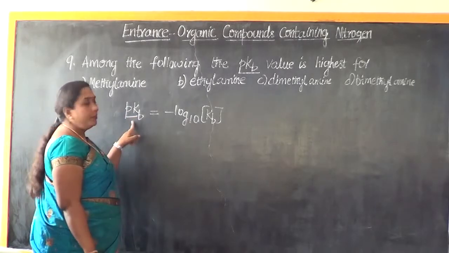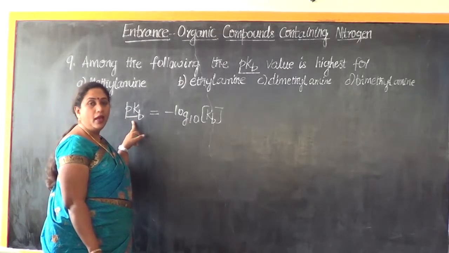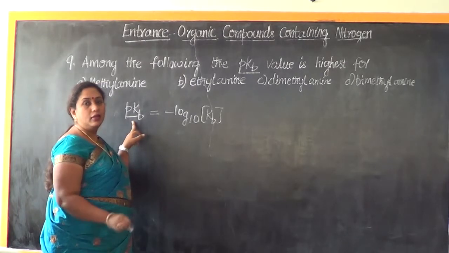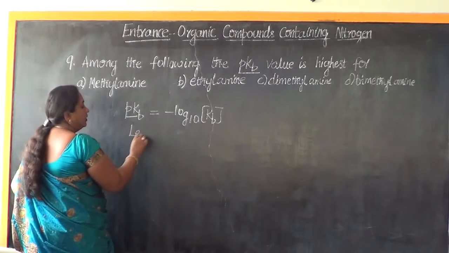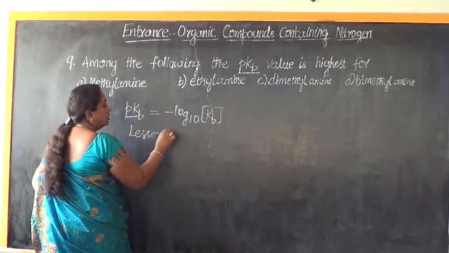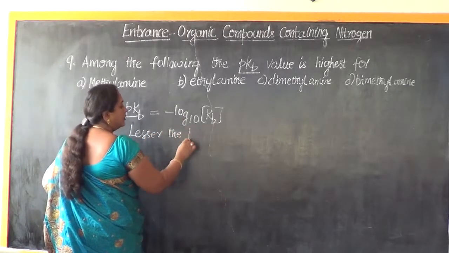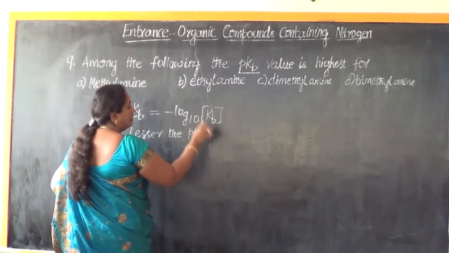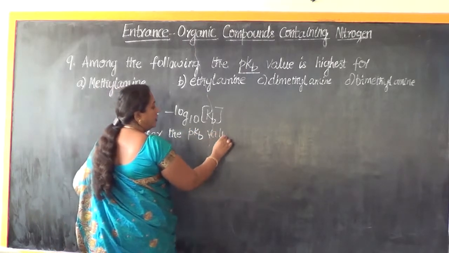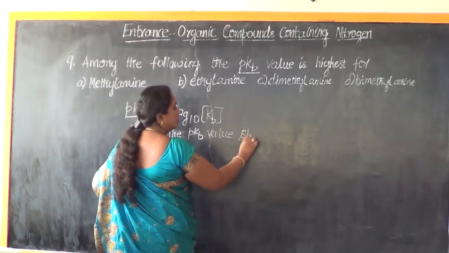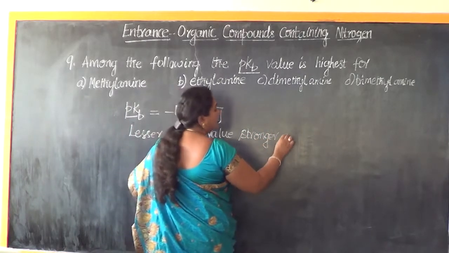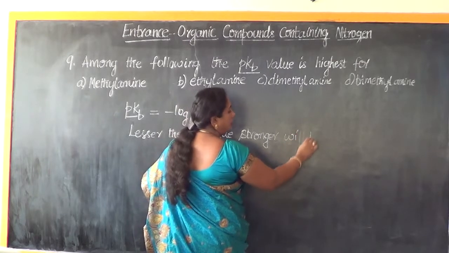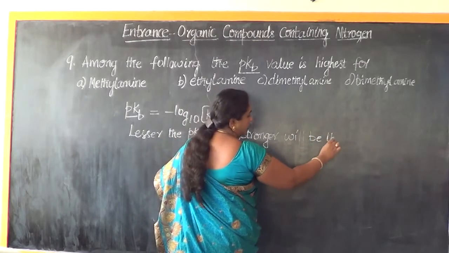So now, if the pKb value for any amine is lesser, it will be a stronger base. Lesser the pKb value, stronger will be the base.